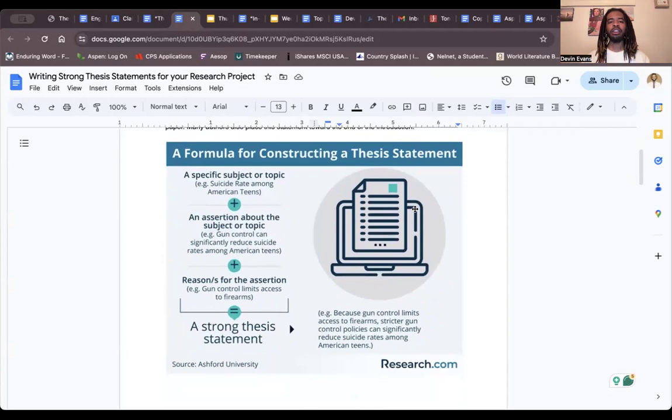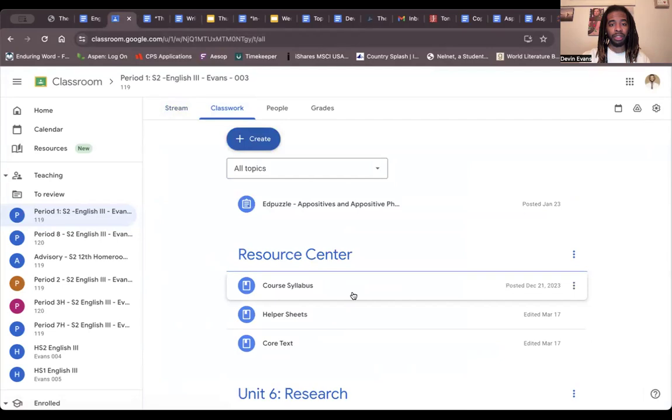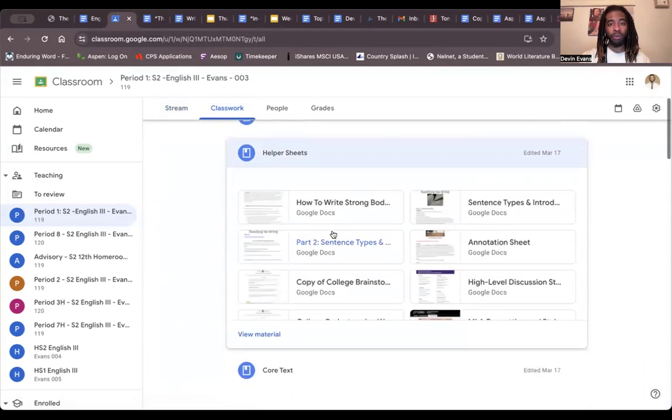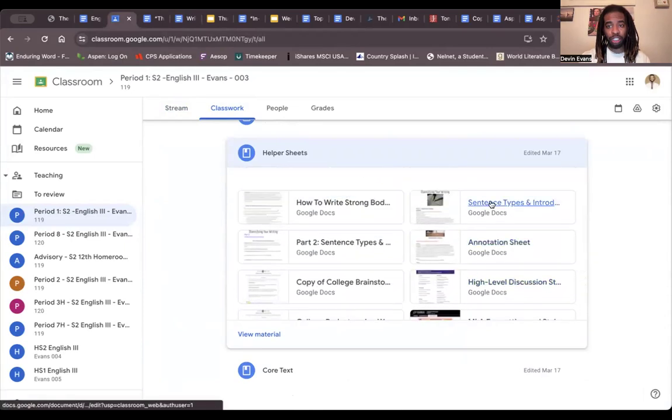Now, here is a little formula that you all can use to help you figure out how to make these stronger. Mind you, you can go back to the Google Classroom and go to that worksheet that I covered. I can show that right now real quick. Under your stream, go to your classwork tab, your helper sheets. How to write strong body paragraphs, but more so, I want to go to, if I can find it, how to write strong introductions.